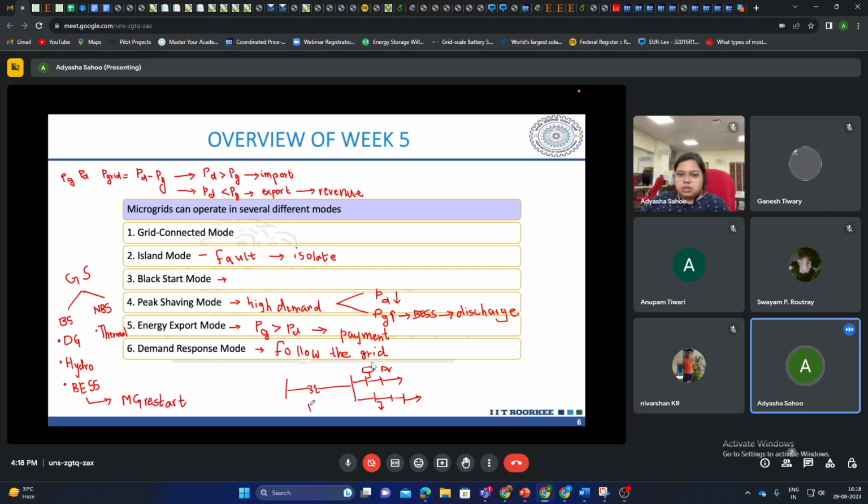Here at this PCC, we can inject power according to the command from the grid. This flexible response is known as demand response. So not only are we trying to manage the grid with the help of generators, we are now asking the loads also to be flexible and take part.